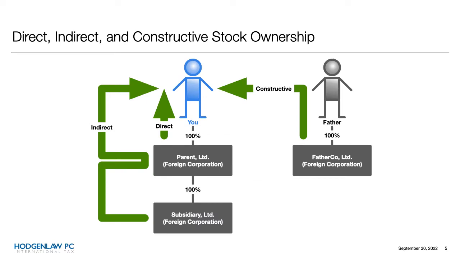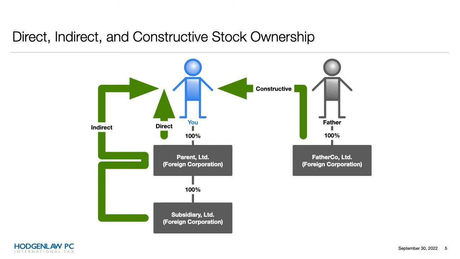And here's a little picture just to help you understand what I mean. If you look at the traditional parent-subsidiary structure on the left with the blue stick figure at the top, with your name as the shareholder on the stock certificate for Parent Limited, you're a direct shareholder because you are the real shareholder on the share registry.